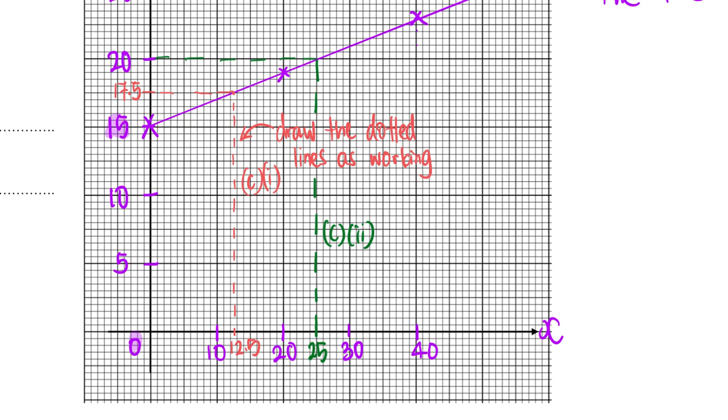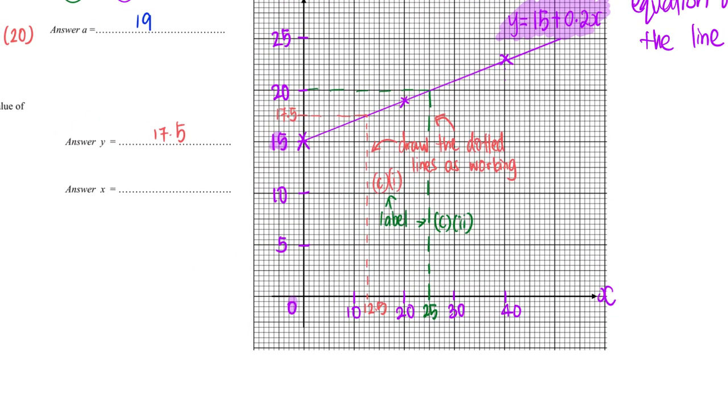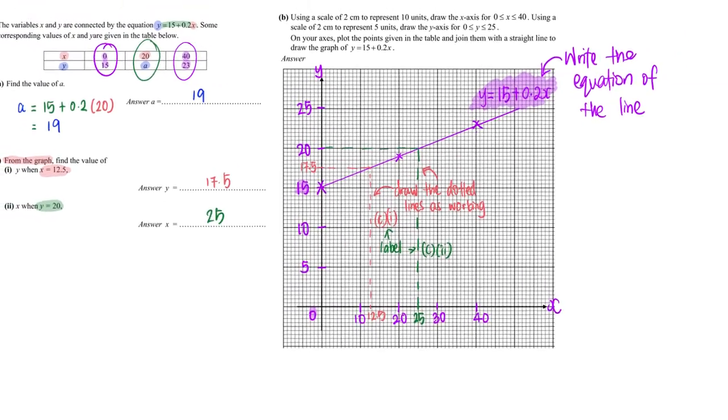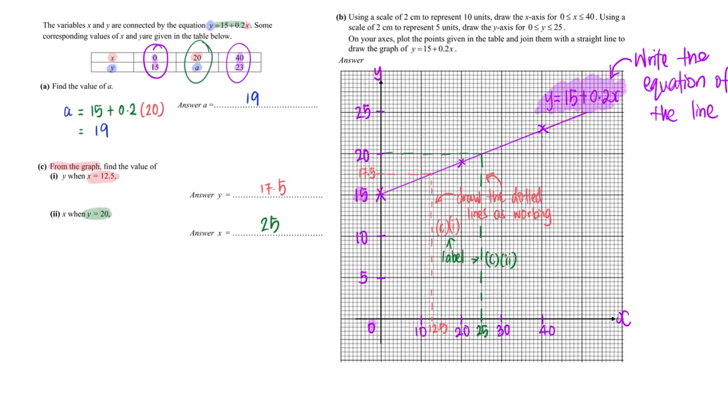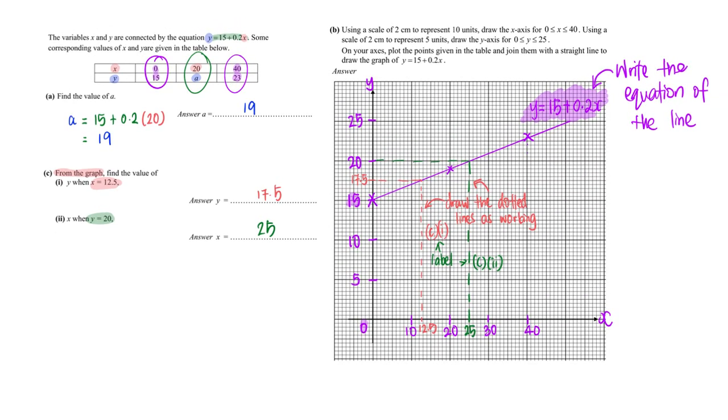I also would like to emphasize that do label which part of the question this working is from, and also do draw all these dotted lines so that we could ascertain that you are indeed getting all these answers from the graph. These are some pointers that will help you when you attempt this question. Alright, so please do take note of all these pointers, and with that, let's move on to the next question.